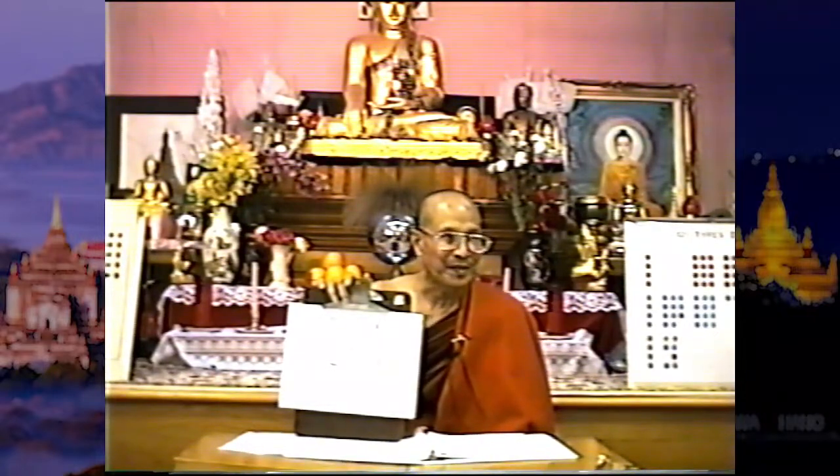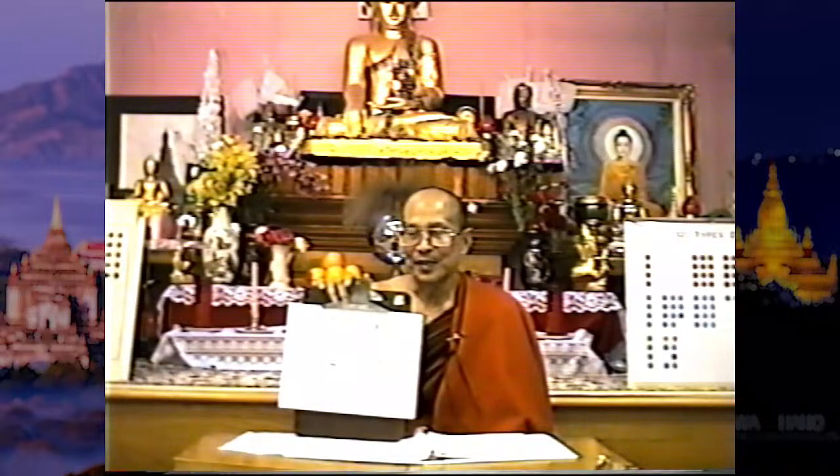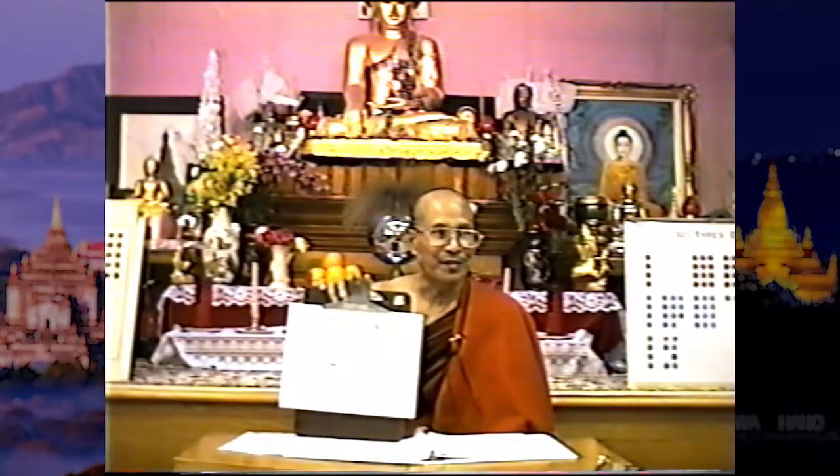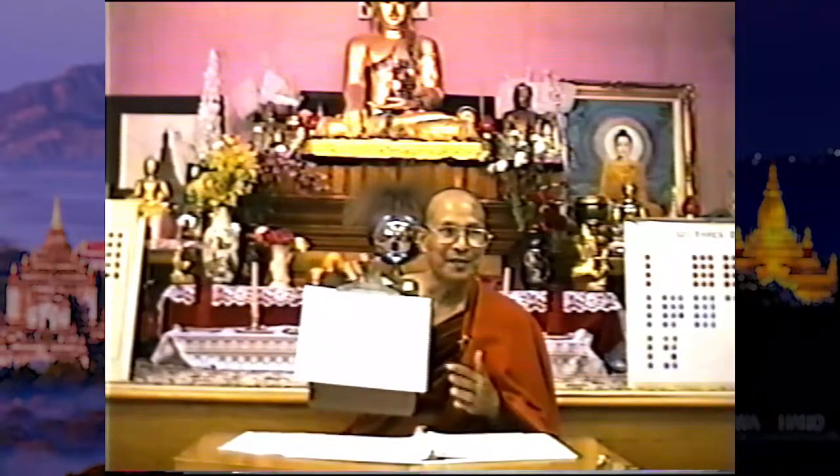They depend on the four great elements. When they arise together with these four elements: element of earth, element of water, element of fire, element of air. So these are called Mahabhutas.